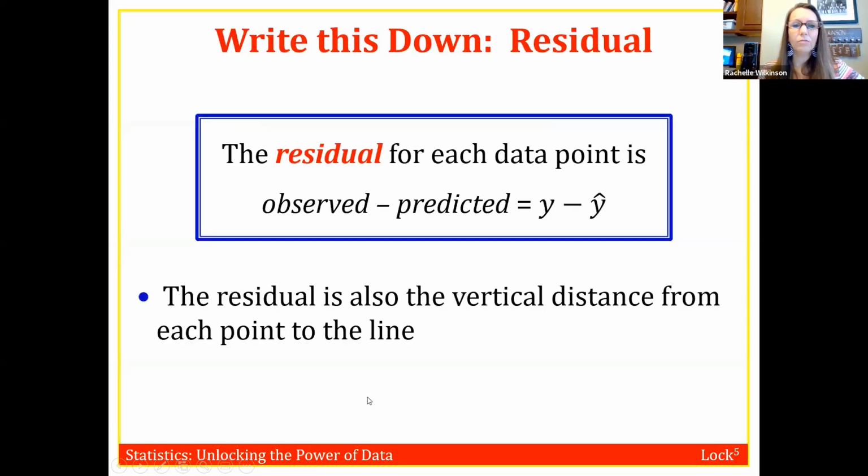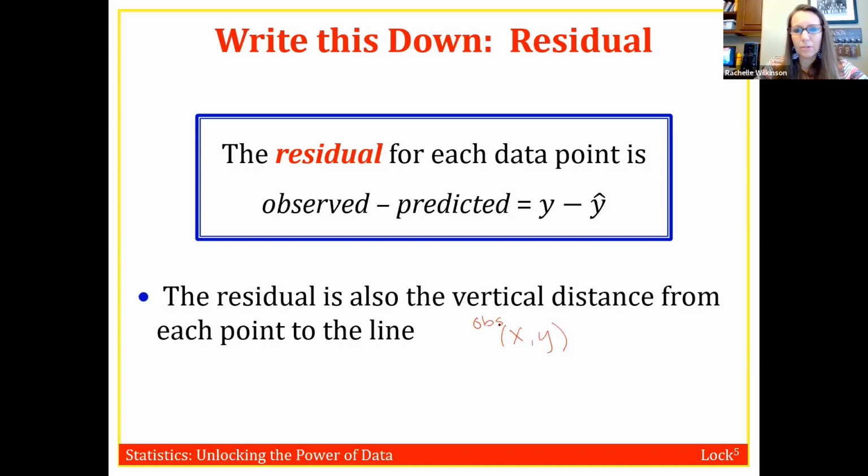So write this down. A residual for each data point is calculated by taking the observed Y value and subtracting the predicted Y value. In general, in a problem, like in your homework, they might tell you, okay, here we observed this value. Here are the X and Y values for this observed point.